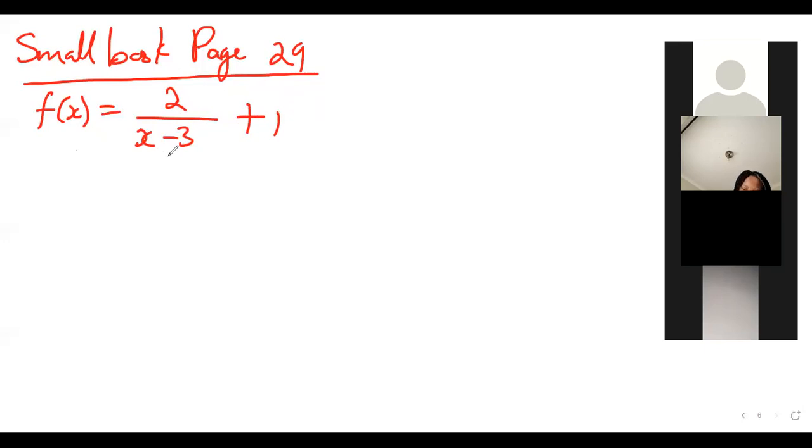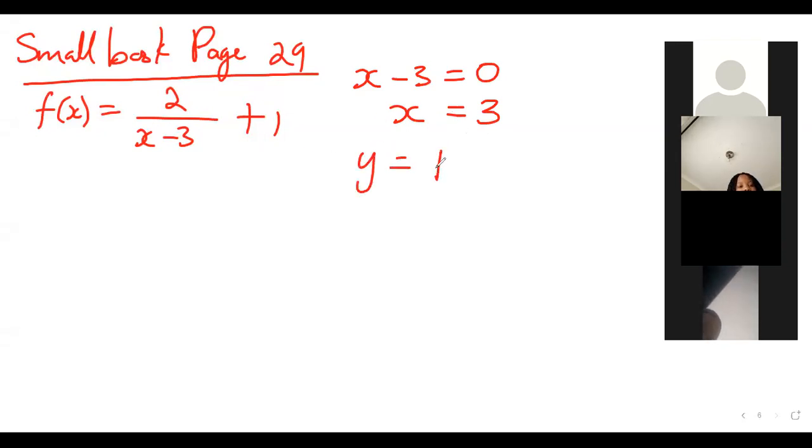You take the denominator, x minus 3, equate to 0. So x is 3. So the asymptote is x is 3. That's the vertical one. Then the horizontal one, y is equal to +1, as it is. The horizontal one is no sign change. The vertical one is a sign change.